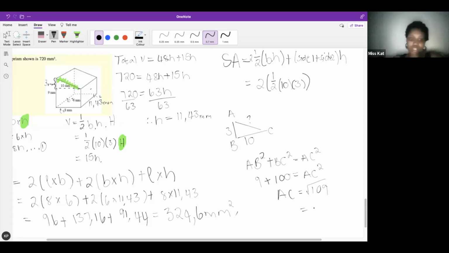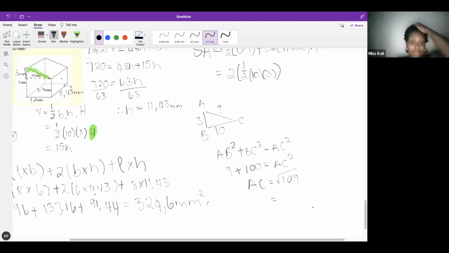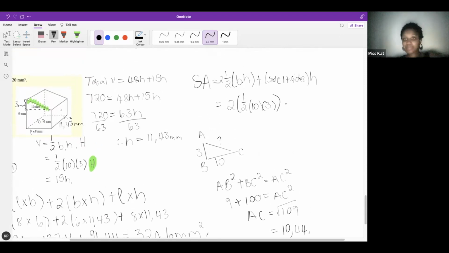And how much is that? Let's hear. The square root of 109. Thank you very much. 10,44. So now we have that side, right? So it's going to be plus side 1 is our 10,44.